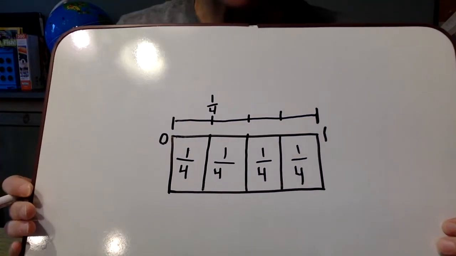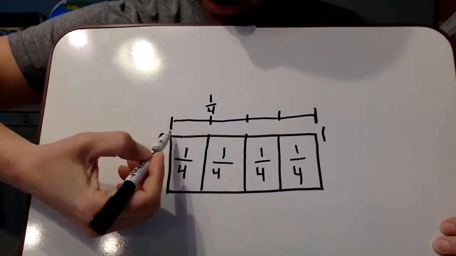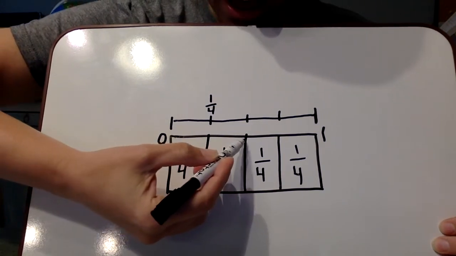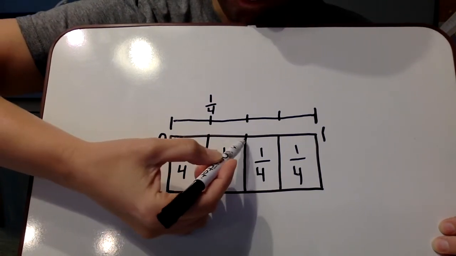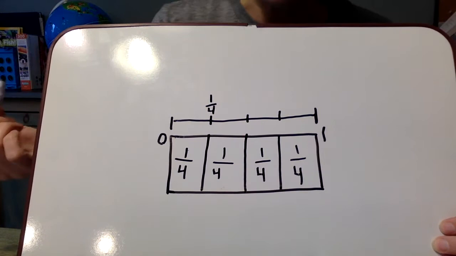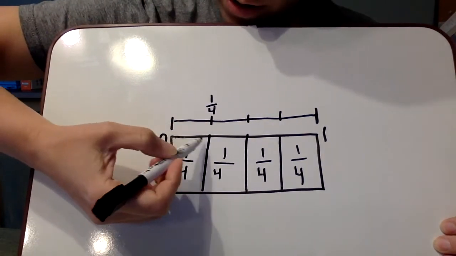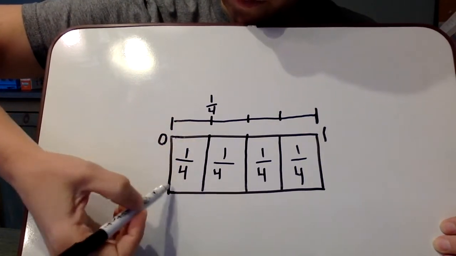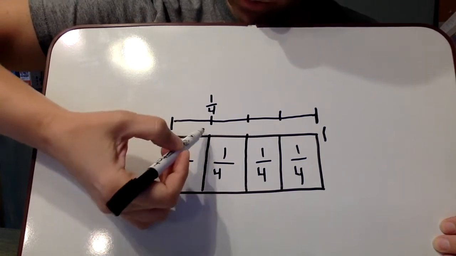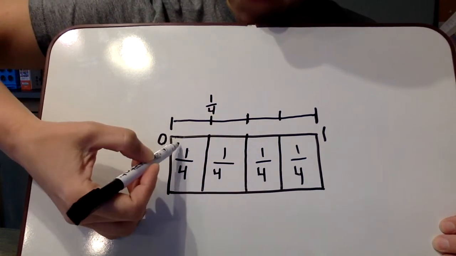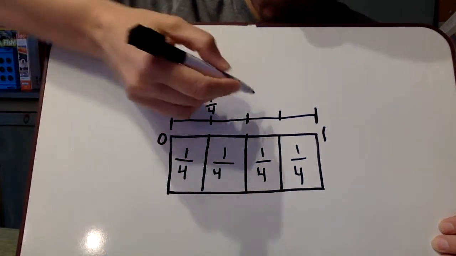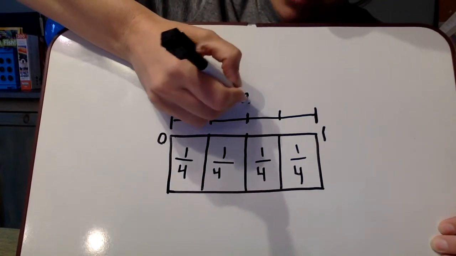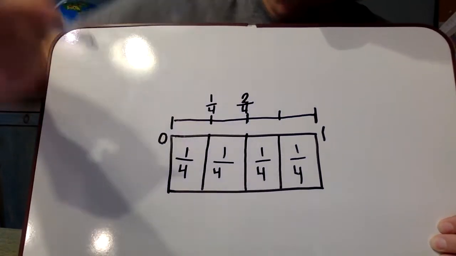But here's where it changes a little bit. On a number line, I have to look at how many of my equal fractional pieces get to that dash mark. So coming across here, I see there's 1/4. Then when I get to this dash mark, I have to count 1, 2/4. So this represents 2/4 on my number line.